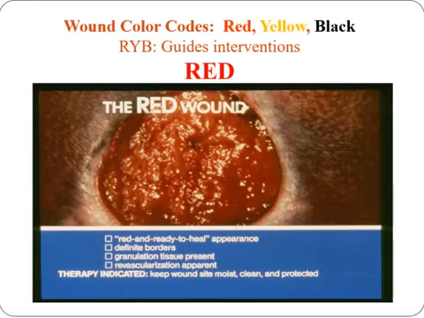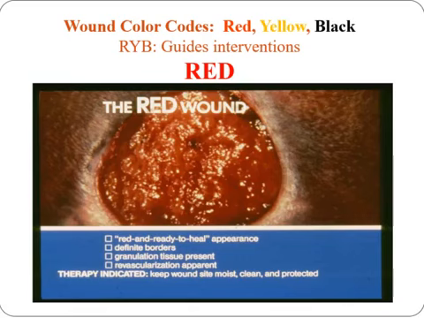Okay, so wounds can have different colors, and depending on those colors is how the wound is doing. So the first color would be red. So this is an example of a red wound. Red and ready to heal. So red is good. Red means that you have good blood flow and there's good granulation tissue.